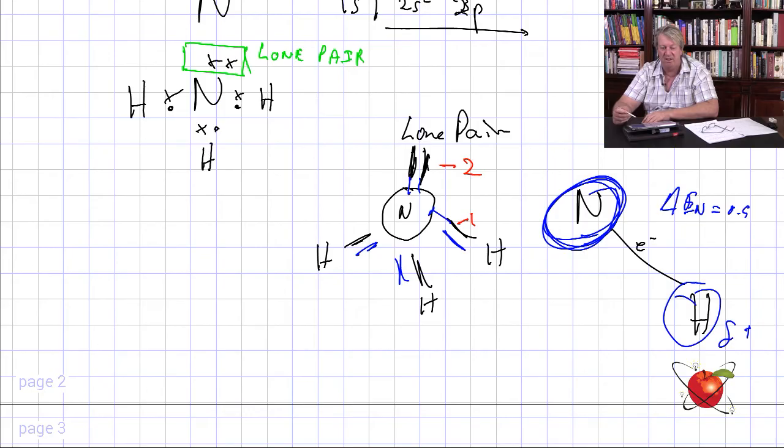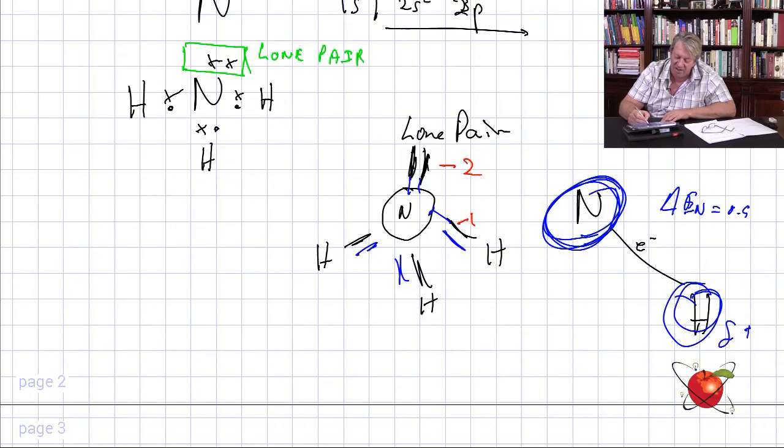What happens now is that because this side is a little bit positive every now and again, because the electron comes, then it's neutral, goes back, then it becomes positive. It's an unequal sharing, which means that, once again hypothetically, this side might only be a minus 0.5, 0.7.